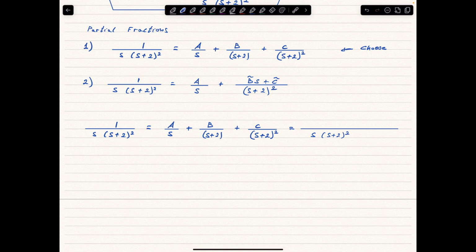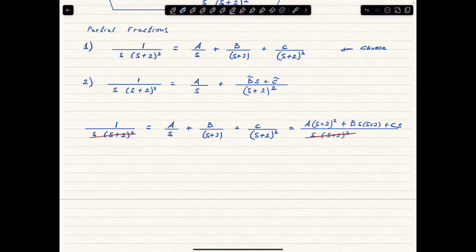And then here we are going to have a multiplied by s plus 2 squared, plus b multiplied by s plus 2, plus c multiplied by s. So that is the addition. Verify that this is correct.